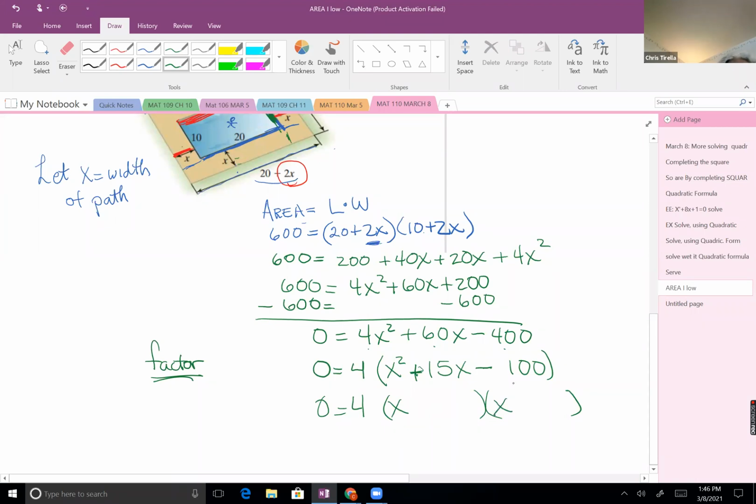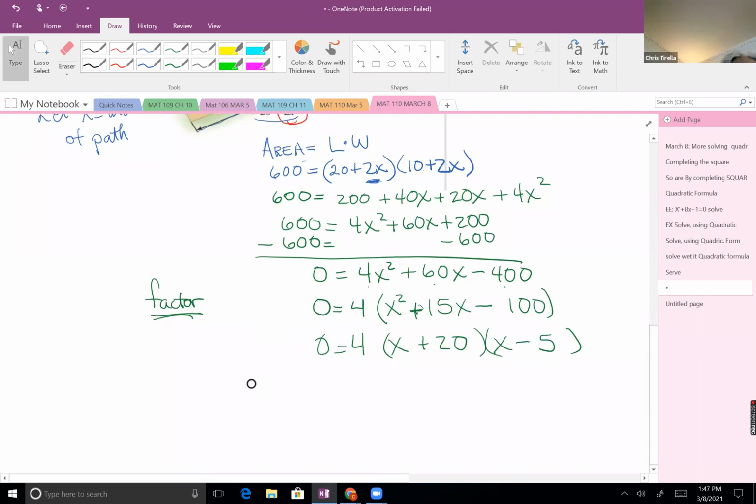Let's see, to get 100, I think if we use plus 20 and minus 5, that would give me that positive 15x in the middle. When I set each factor to 0, I know 4 cannot equal 0. I get x plus 20 equals 0, or x minus 5 equals 0.